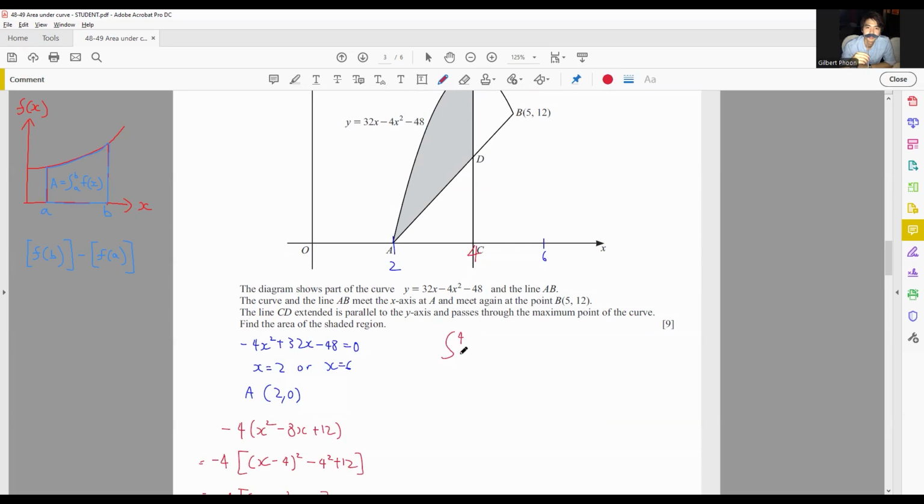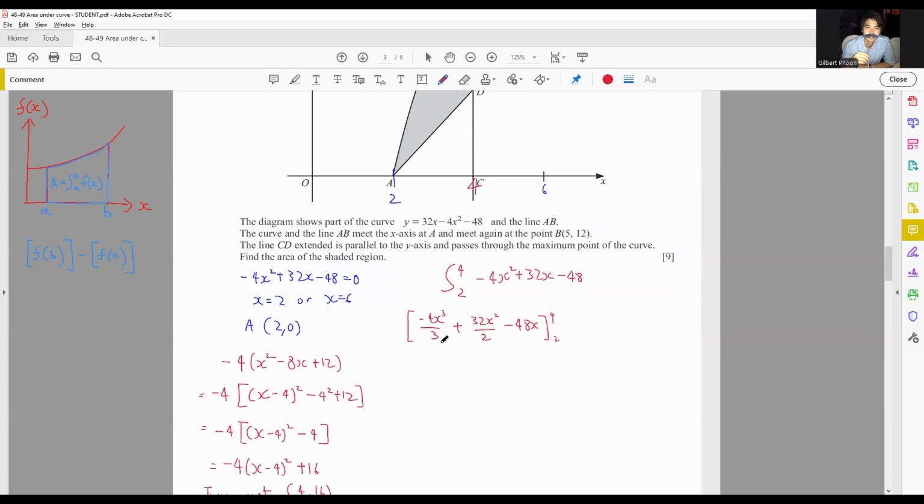Integrate between 4 and 2 for the equation of negative 4x squared plus 32x minus 48, you would have gotten negative 4x cubed over 3 plus 32x squared over 2 minus 48x between 4 and 2, right?